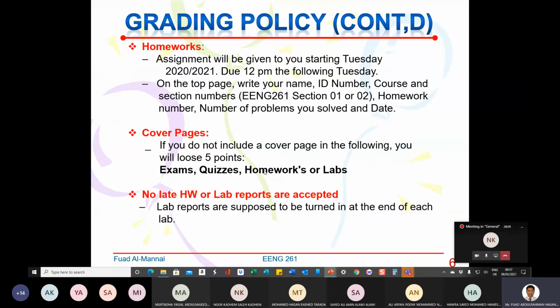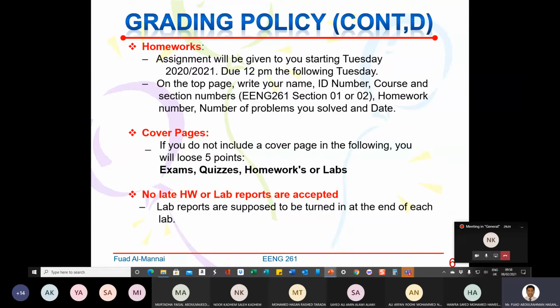One thing before you start this class, guys: go and buy a printer. It's not expensive. I found an HP printer yesterday in Carrefour. How much? 10 dinars.